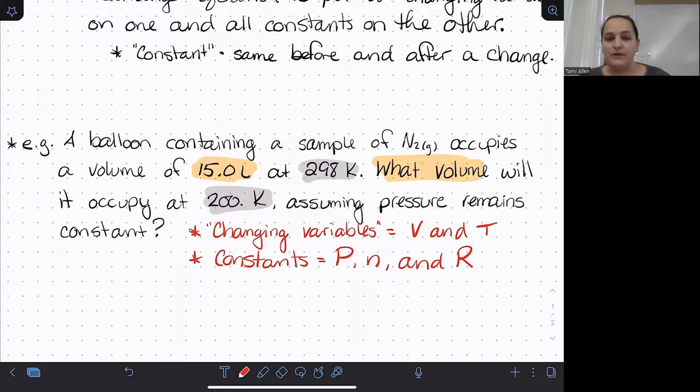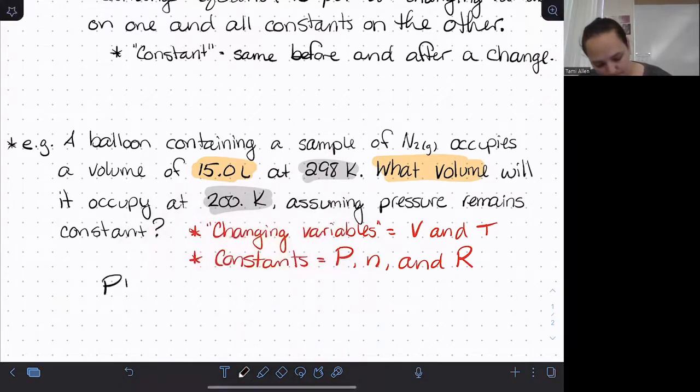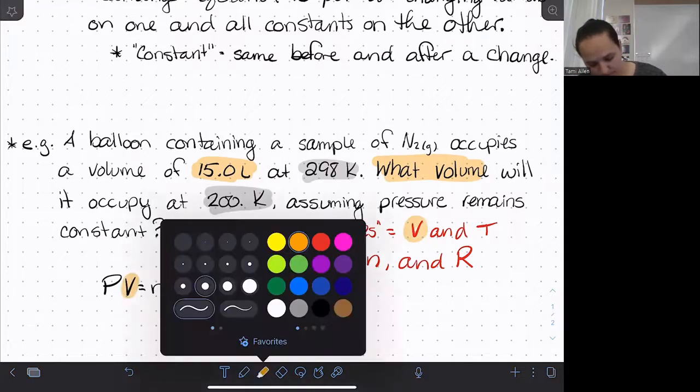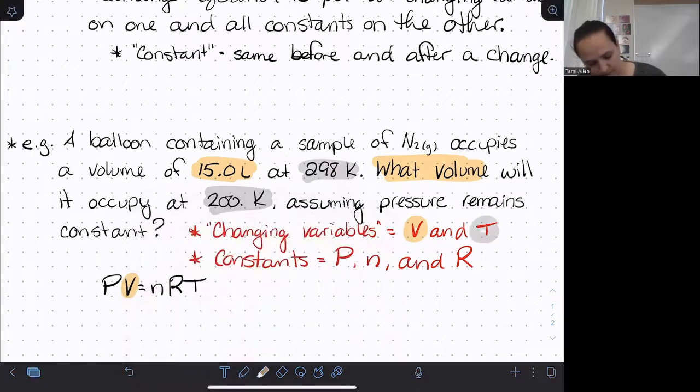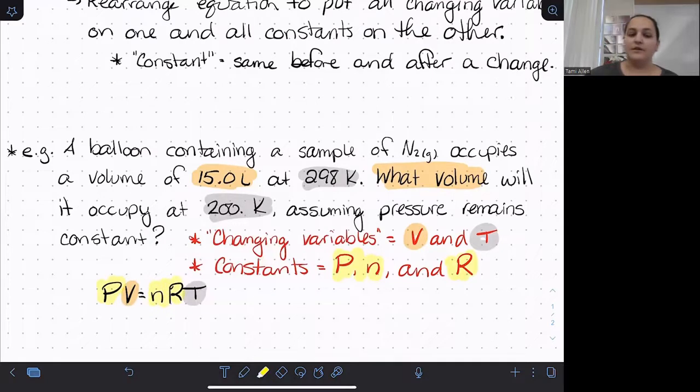So in order to determine the relationship between volume and temperature, we want to start with the ideal gas law. And we want to put our changing variables, which were volume and temperature, on the same side of the equation, and then all of our constants on the other.